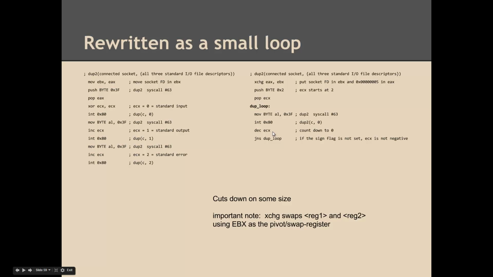And then we decrement ECX, and decrement is going to set the sign flag if it passes 0. So if ECX goes from 0 to -1, it's going to set the sign flag. And if the sign flag is not set, this tells it to jump, a short jump back up.